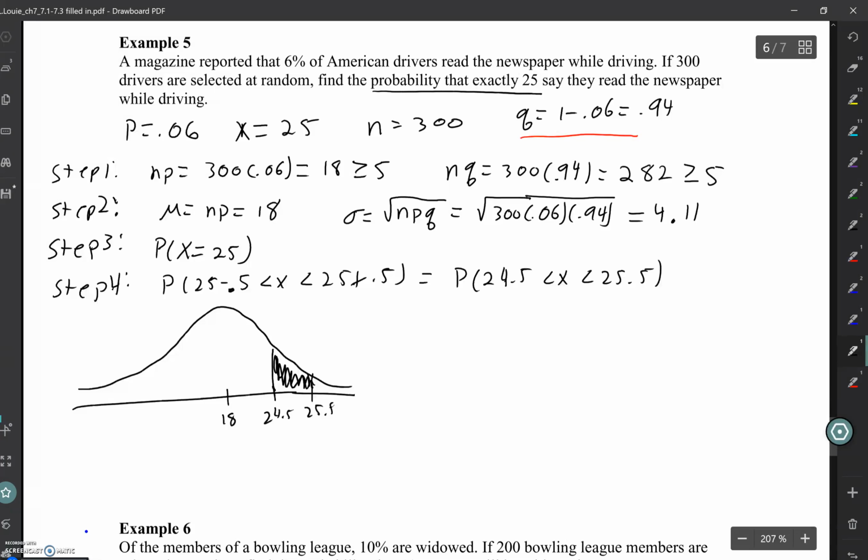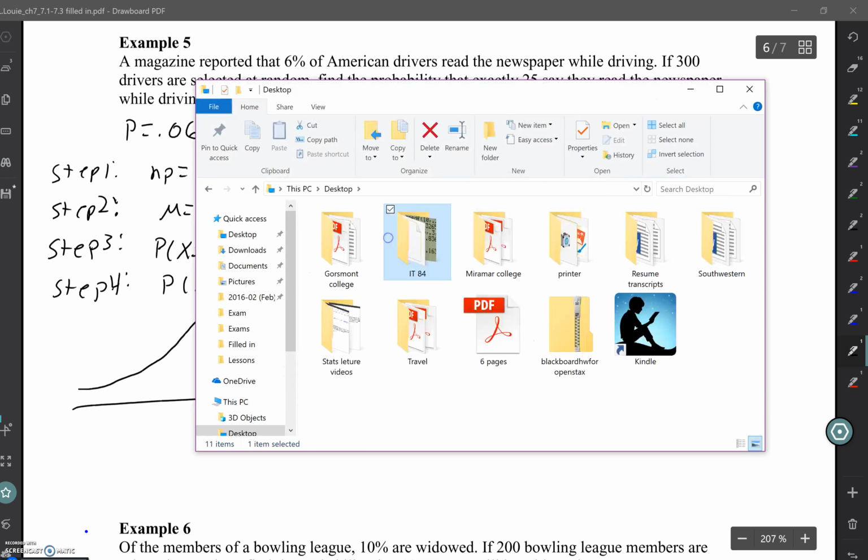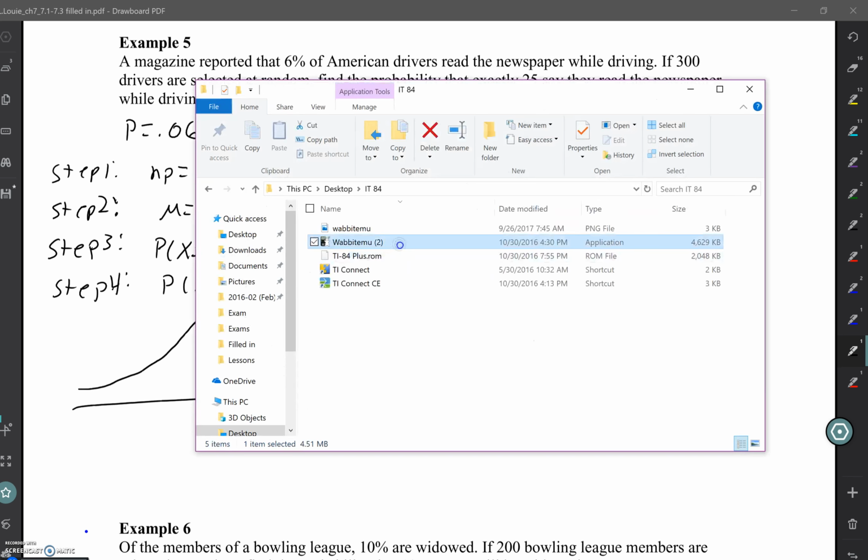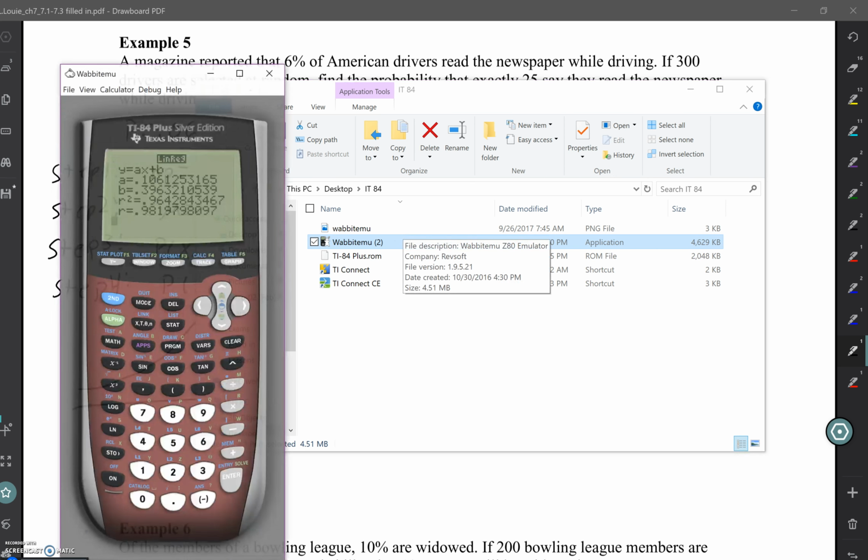We can use z-scores or we can use our normal CDF. We're going to go from our lower, 24.5, up to 25.5. Our mean we found in step 2 to be 18, and the standard deviation to be 4.11. I've got to open my calculator. Feel free to calculate it while you wait for me.